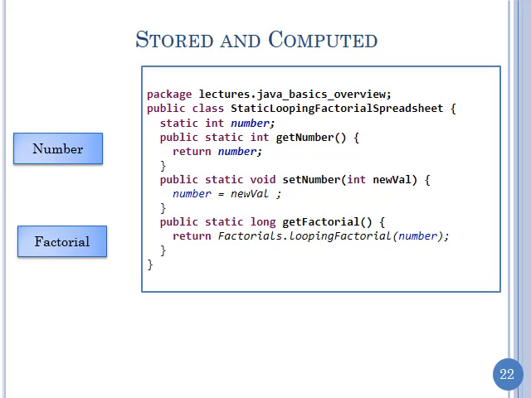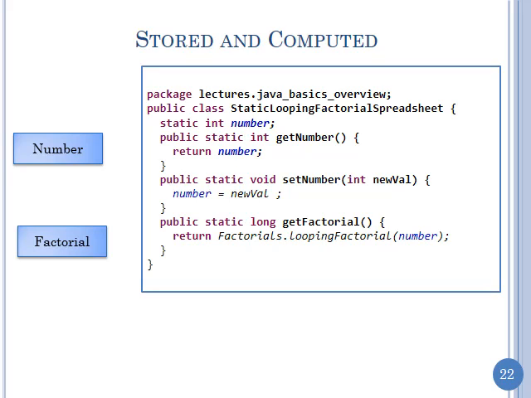Stored and computed. Number is stored because a property is stored if its value is reflected in a variable, right?